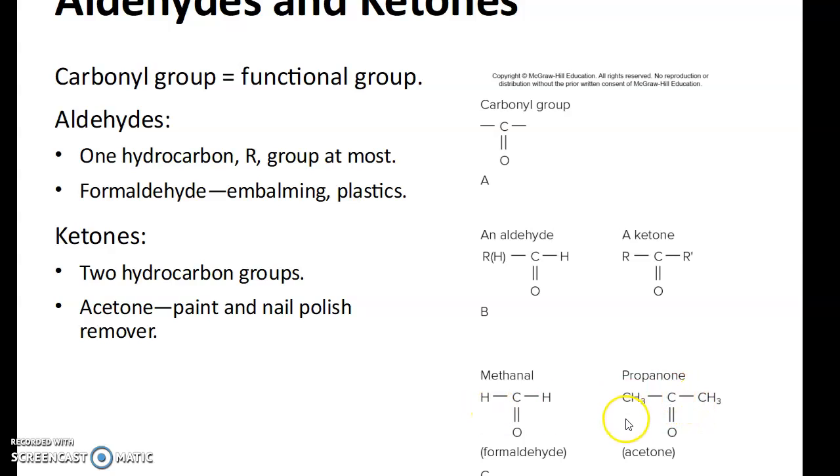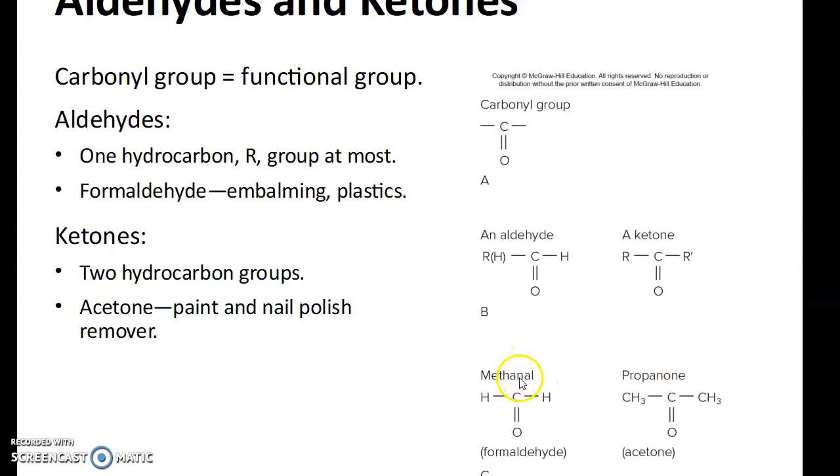And propanone here is acetone, where you've got a carbon here and a carbon here. So this is acetone, this is formaldehyde. 2 very common materials, and these are their common names, but of course as chemists, you can call it methanol and propanone, okay?